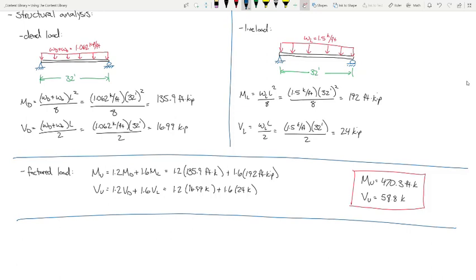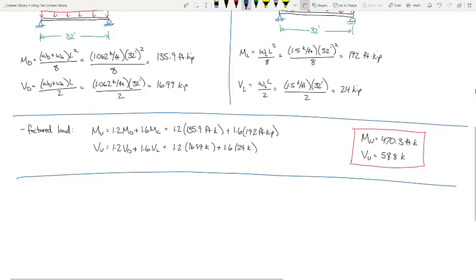Okay, now for moment and shear, we're going to look at capacity.